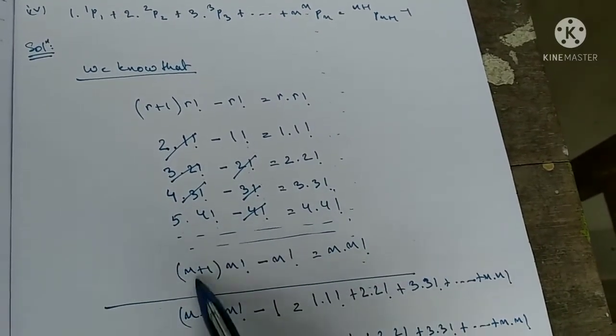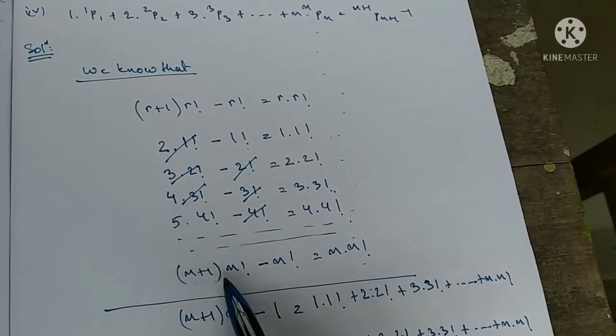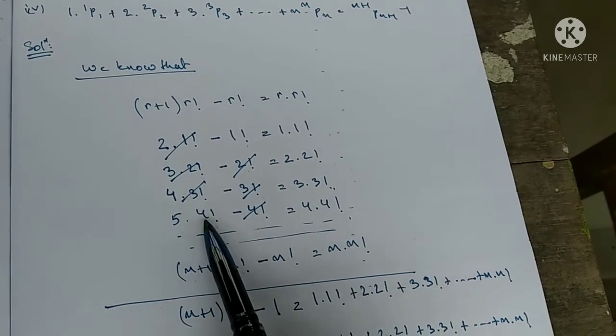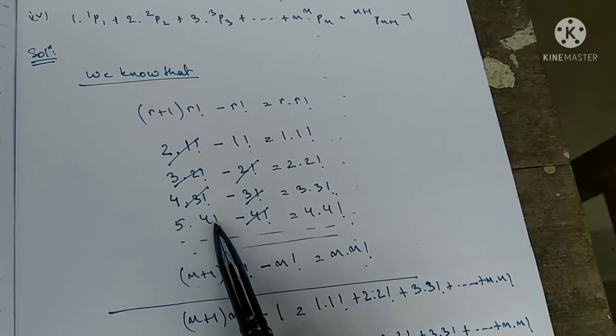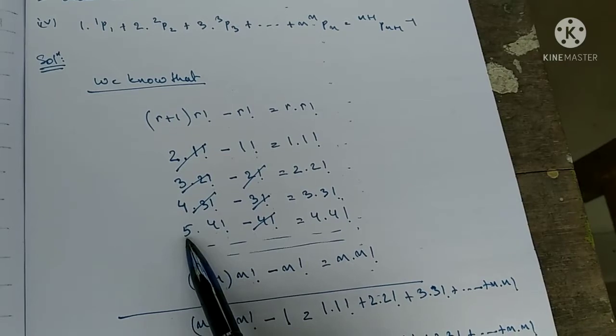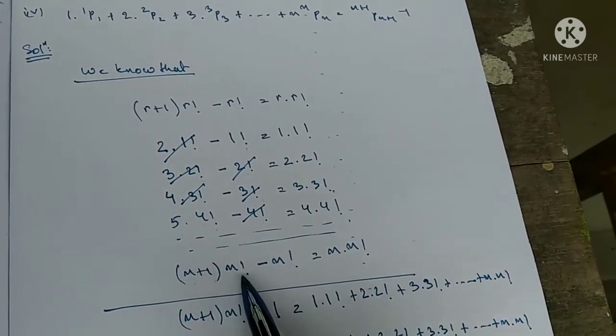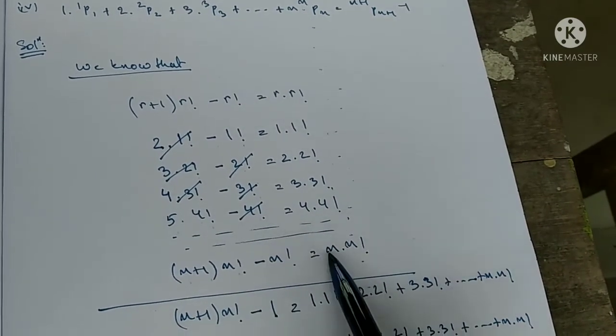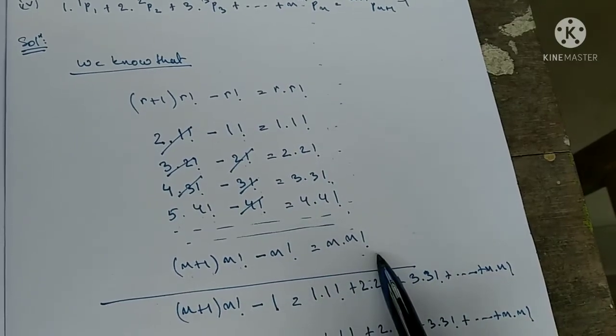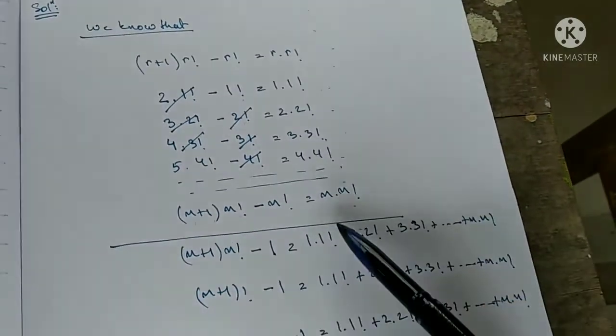So dot dot dot, at last it will become, you see, n plus 1 into n factorial. This is n factorial, then this is 5 there, no, this is 4, this is 5. 1 more there. So therefore n plus 1 into n factorial minus n factorial is equals to n into n factorial I got. Now this everything I will add.